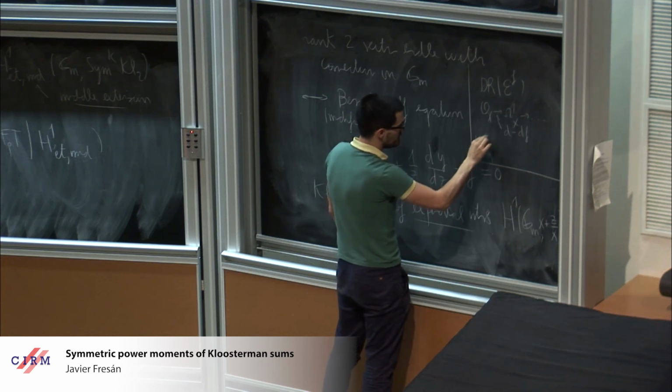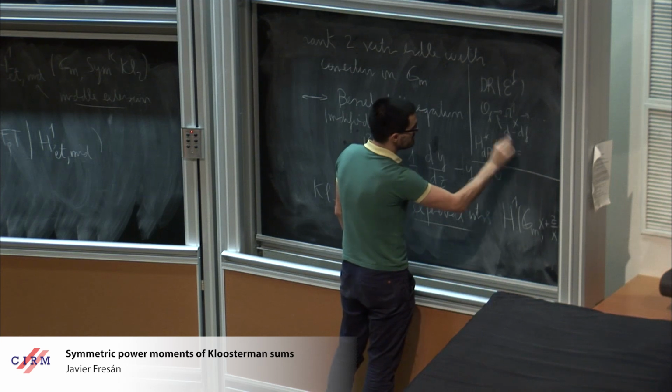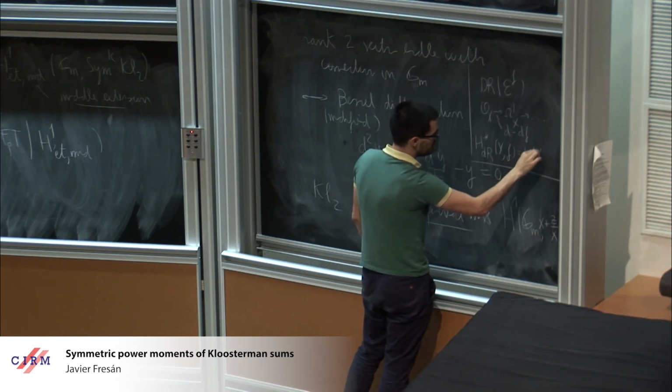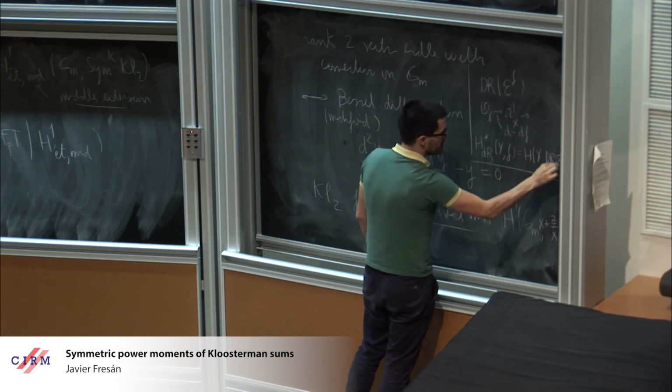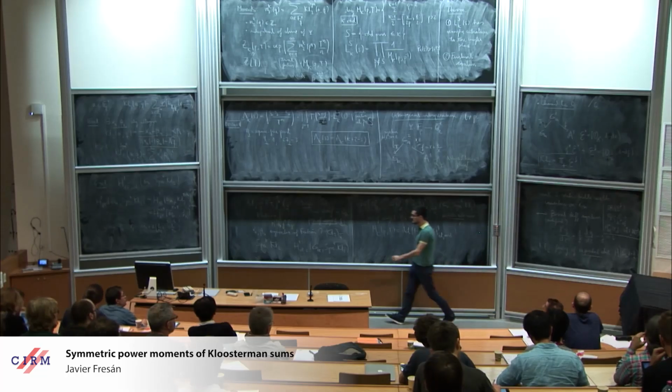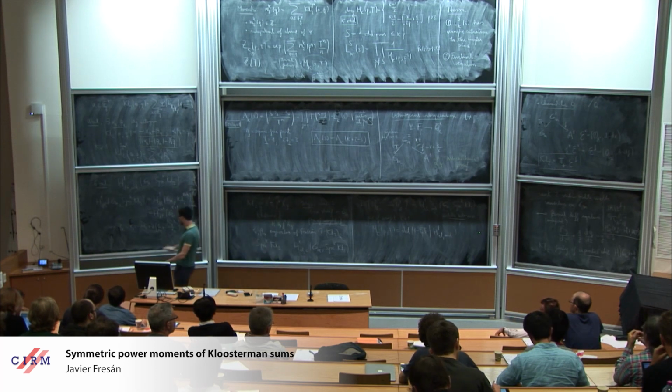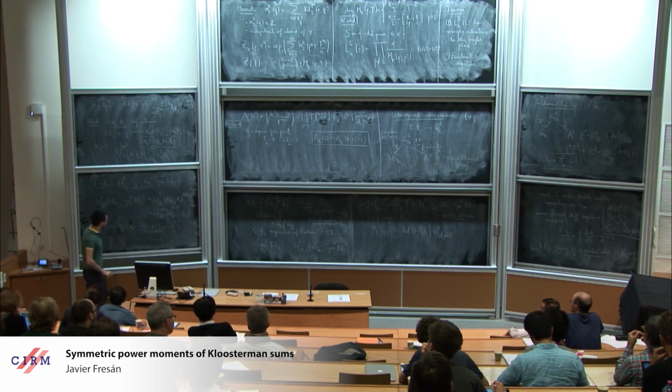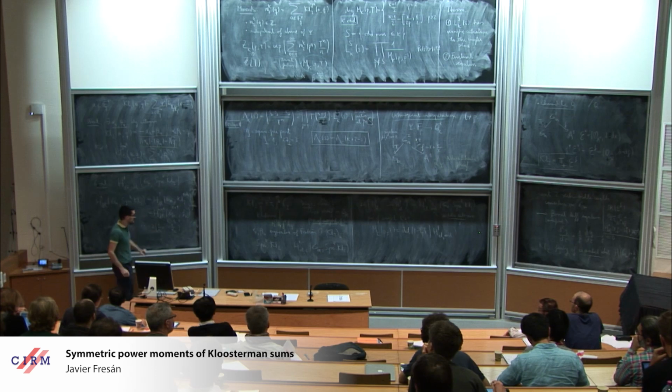So it's H^1 de Rham (X, f). This is the cohomology of this complex. Okay, so here we are in business. So this is the de Rham realization of an exponential motive.